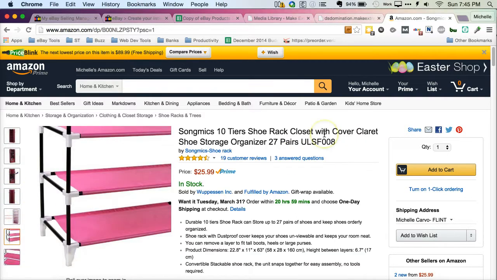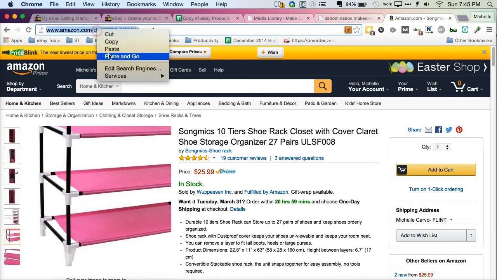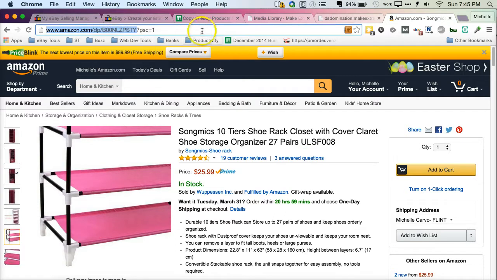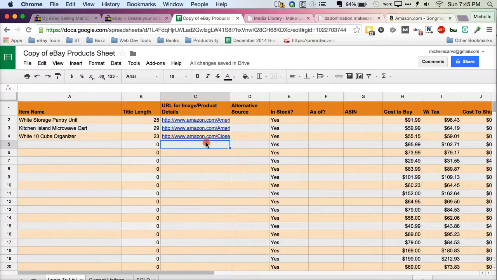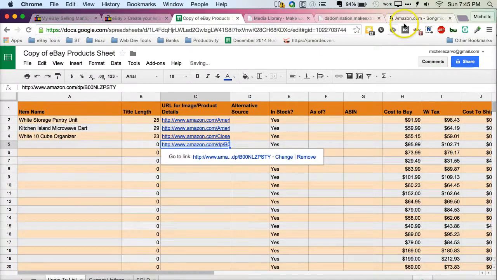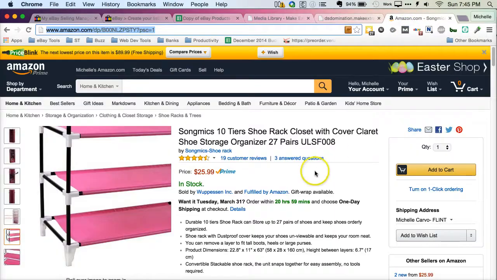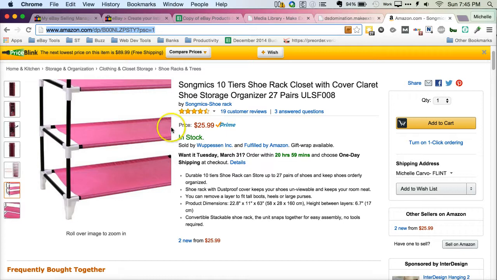And it's only $25.99. Now it does say it's sold by an outside person, but it is fulfilled by Amazon, so it is still shipping from Amazon. So I would list it. With this one, I believe Amazon charges $3 or $4 for shipping if you don't have Prime, because it's under $35.